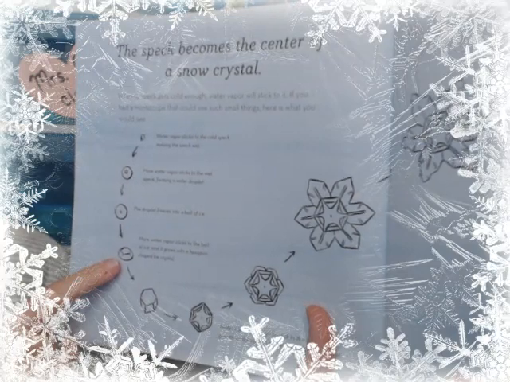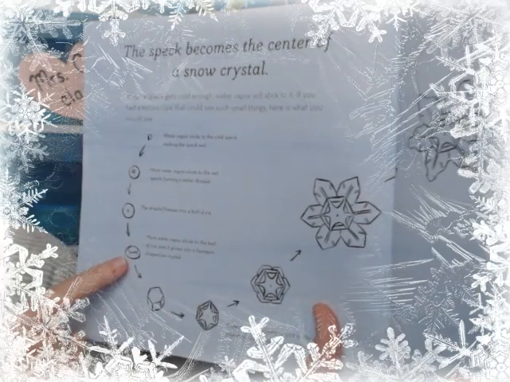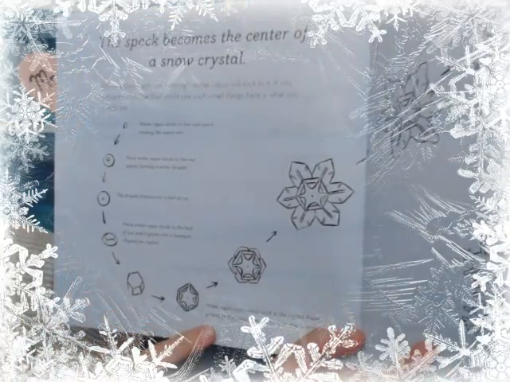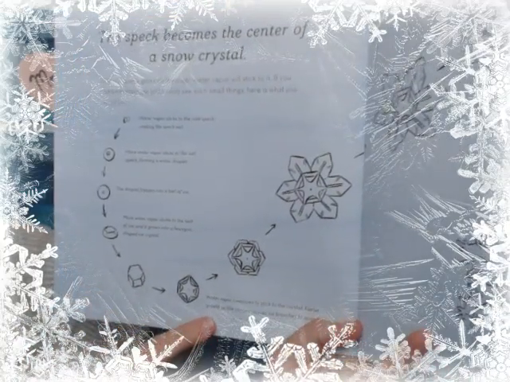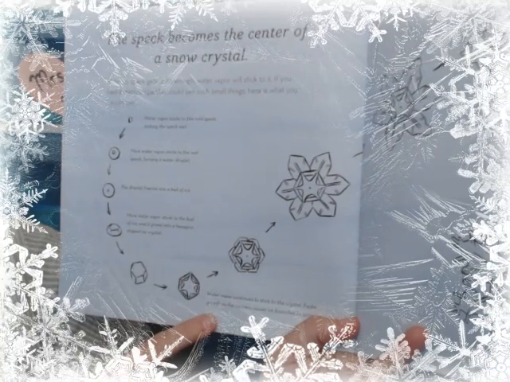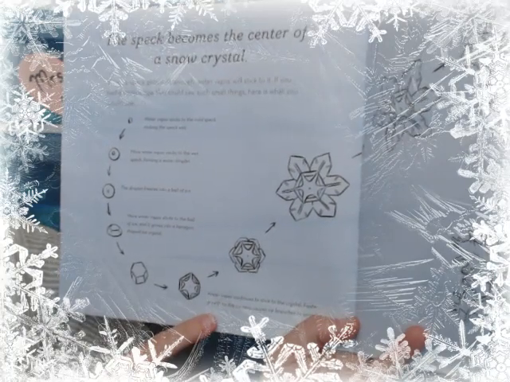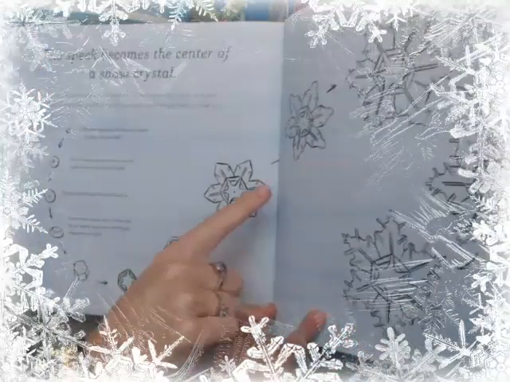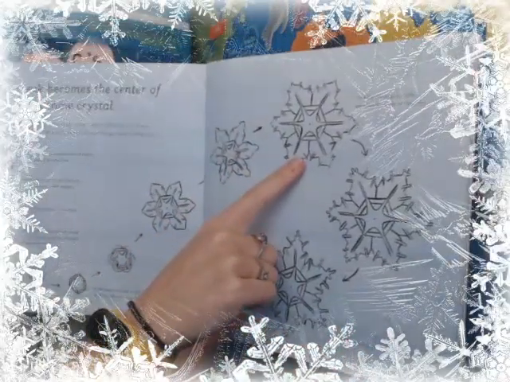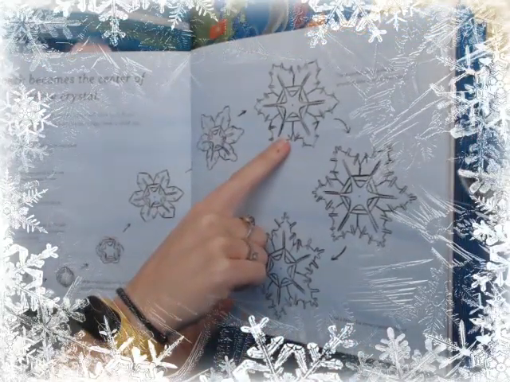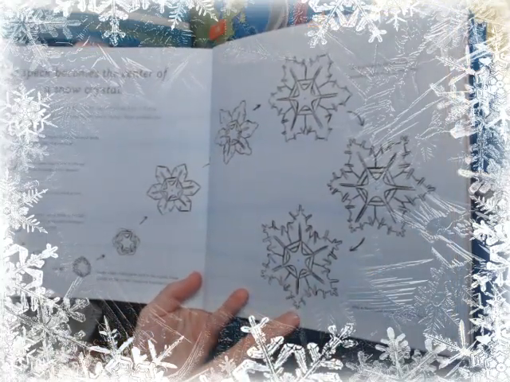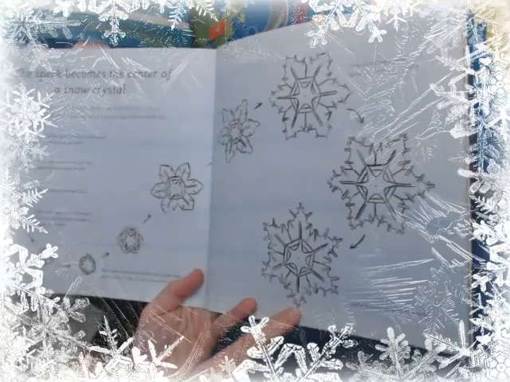More water vapor sticks to the ball of ice and it grows into a hexagon-shaped ice crystal. Water vapor continues to stick to the crystal. Faster growth on the corners causes 6 branches to sprout. It keeps going. The branches keep growing, sprouting little arms of their own, and beautiful snow crystals are born.